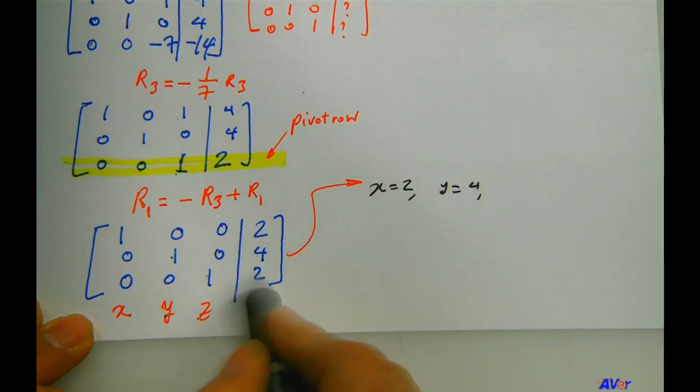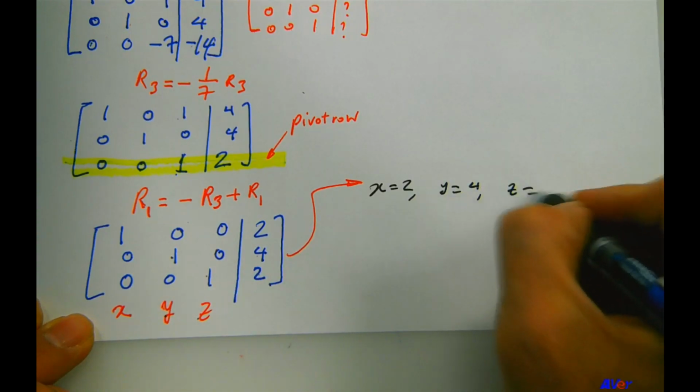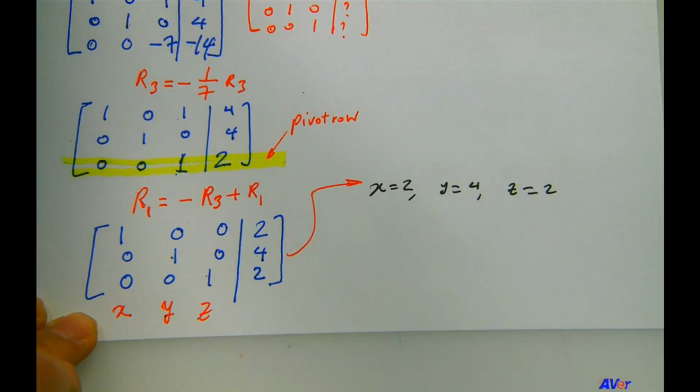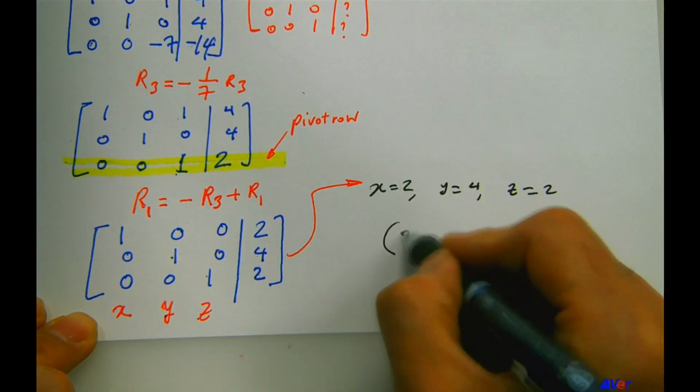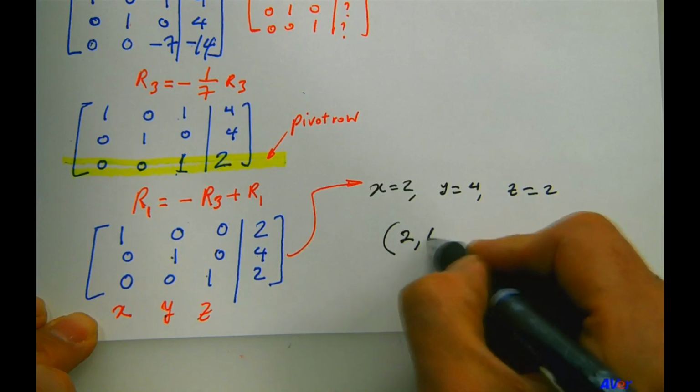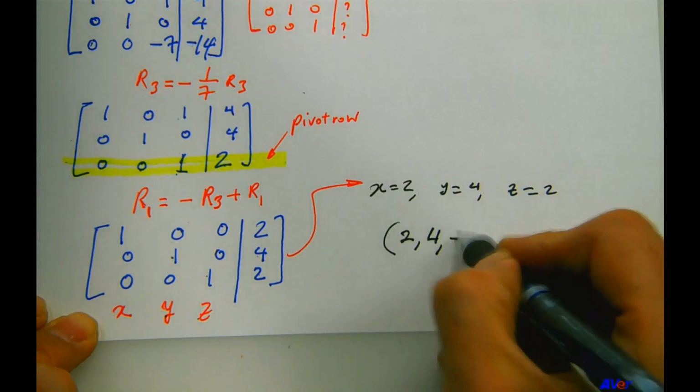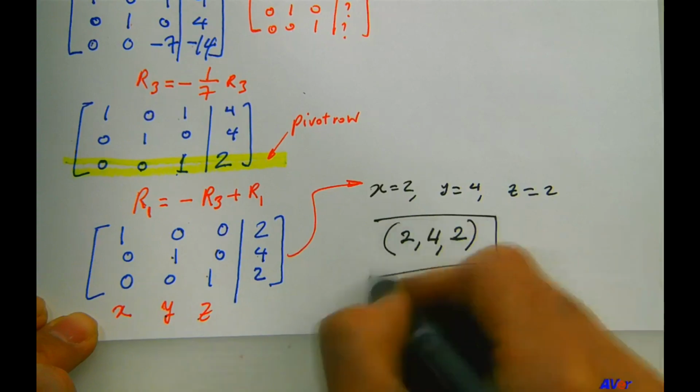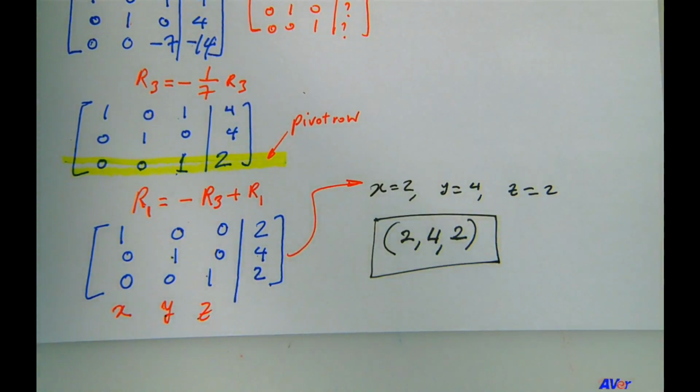And 1 times z equals 2. So putting this answer in proper form, the answer is (2, 4, 2). And that's the final solution of the system, using the Gauss-Jordan method or the Gaussian elimination method or the elementary row operations.